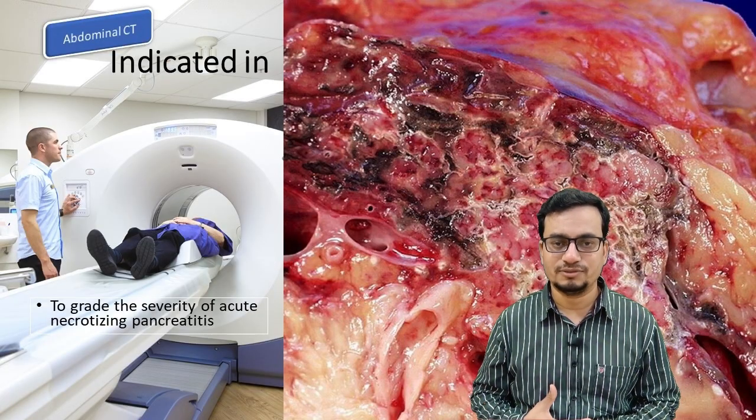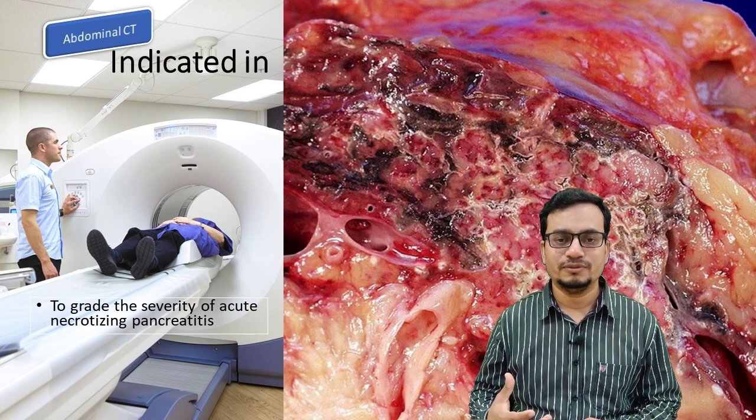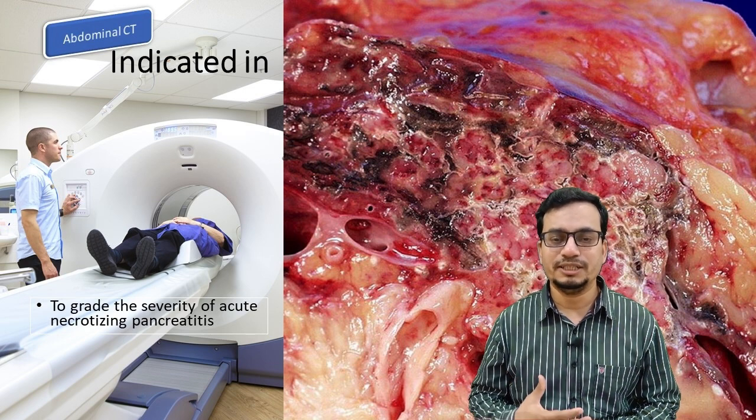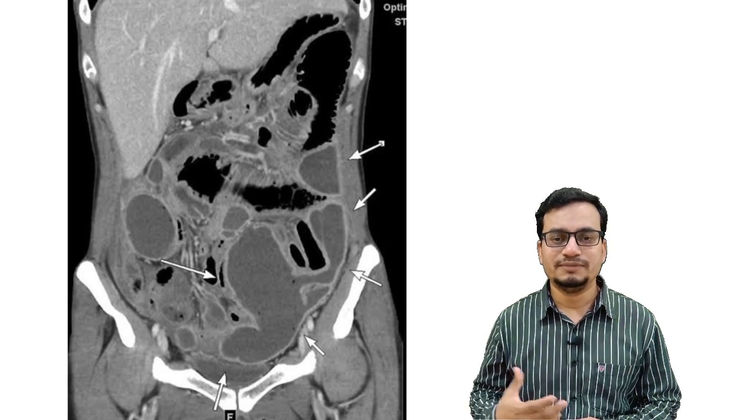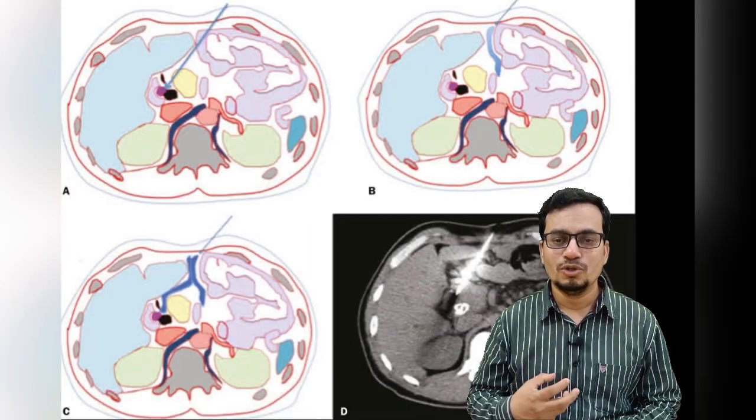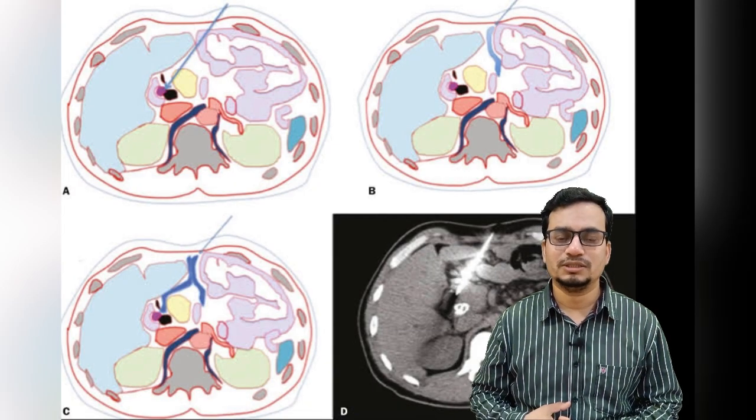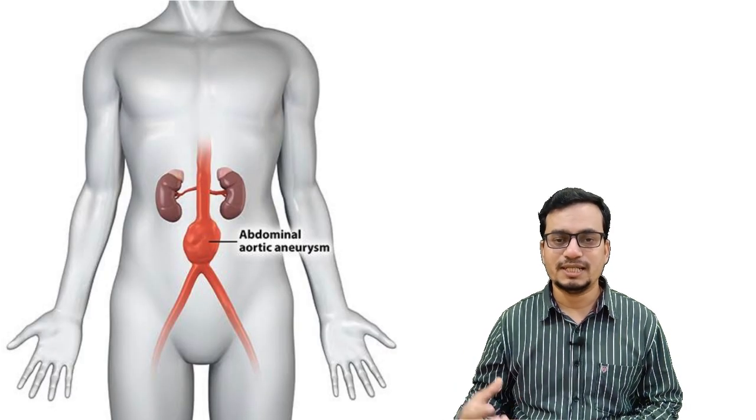CT scan is also performed to grade the severity of acute necrotizing pancreatitis. In cases of abdominal collections leading to fever, it is quite imperative to do a CT scan and also to remove this under CT guidance. It is also performed to rule out aortic aneurysms and aortic dissections.